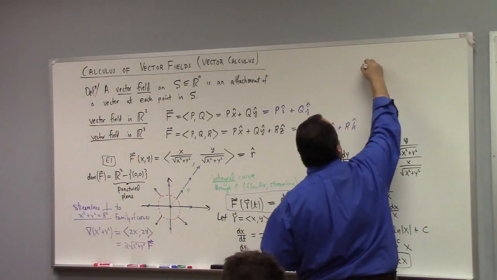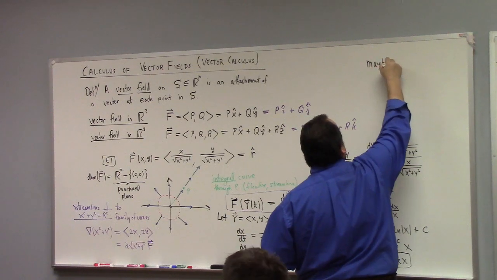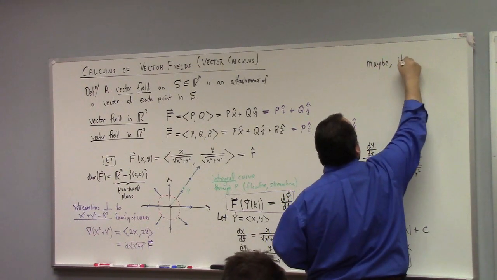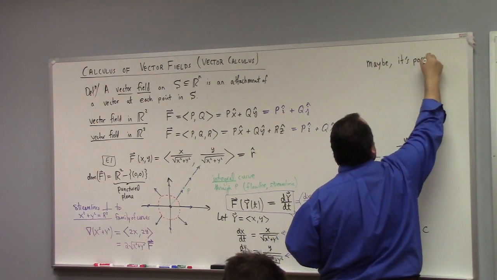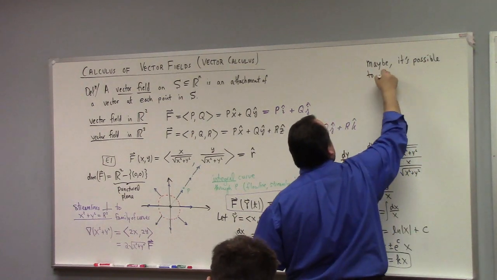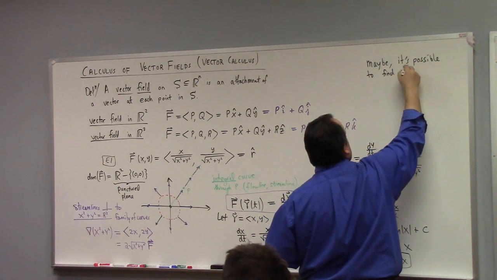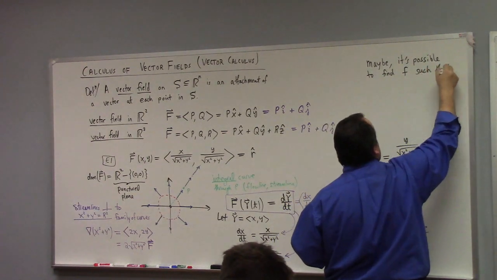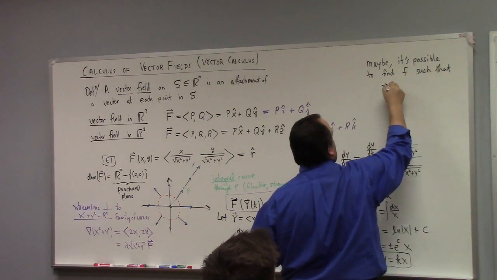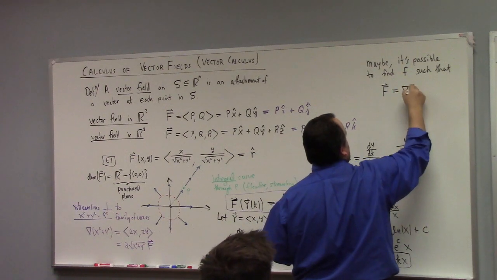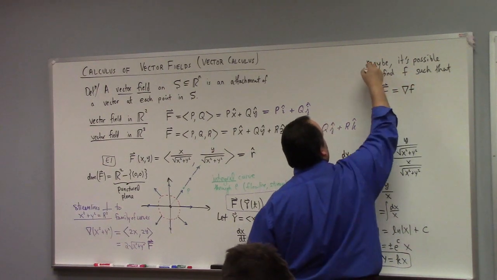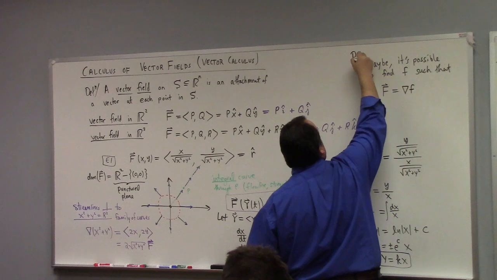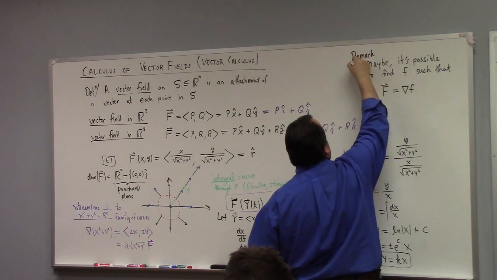Maybe it's possible to find a function f such that the given vector field is equal to the gradient of that function f, right? I'm not sure, actually.